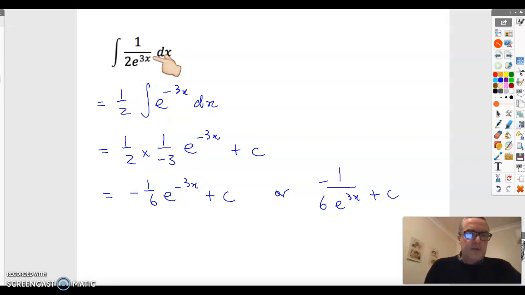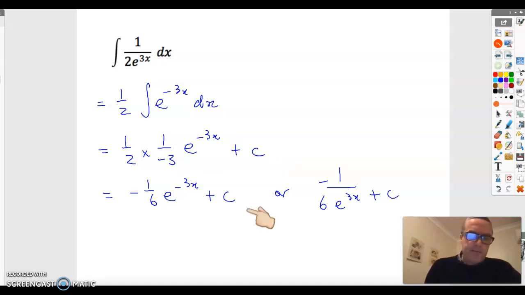Then we're left with e to the 3x, which is in the denominator. We can write that as e to the negative 3x. And now we have that e to the ax pattern, where a is negative 3, not positive 3, but negative 3. So using that same rule we used in the previous problem, here's our k, here's our 1 over a, e to the ax plus c.